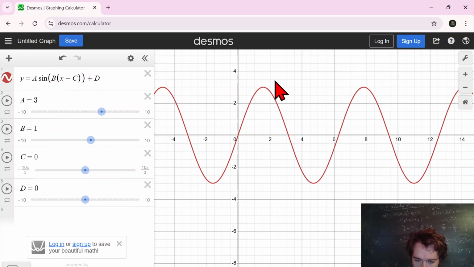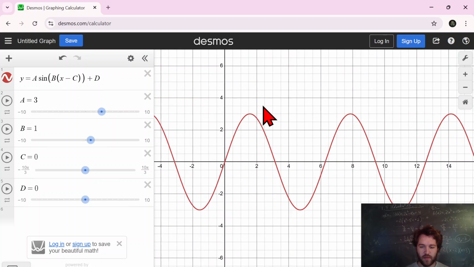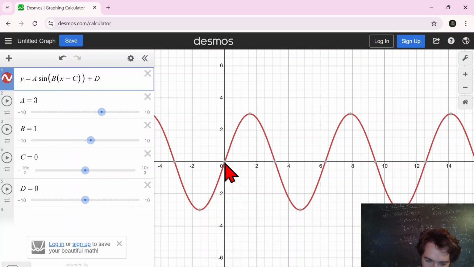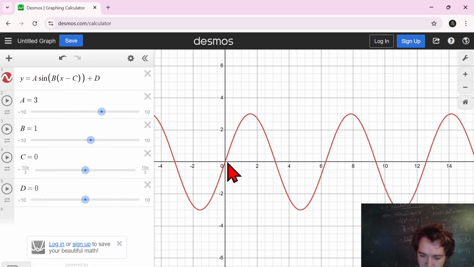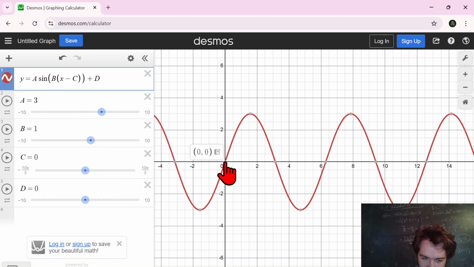wave. All right, so the period on a sine wave is from the first place where the sine wave is 0 to, we skip one, the third place where the sine wave is 0. So basically, you find the zeros on a sine wave.